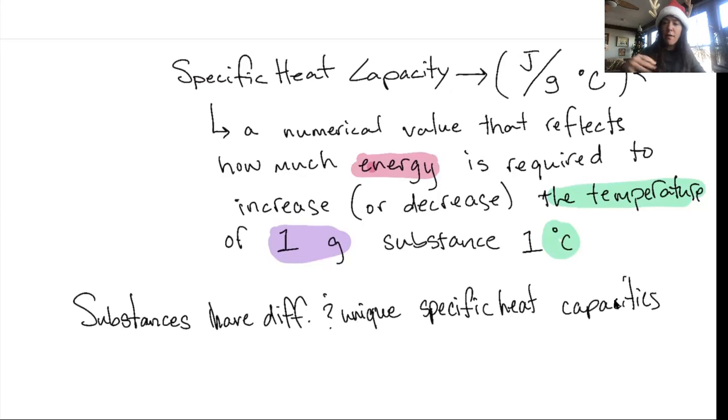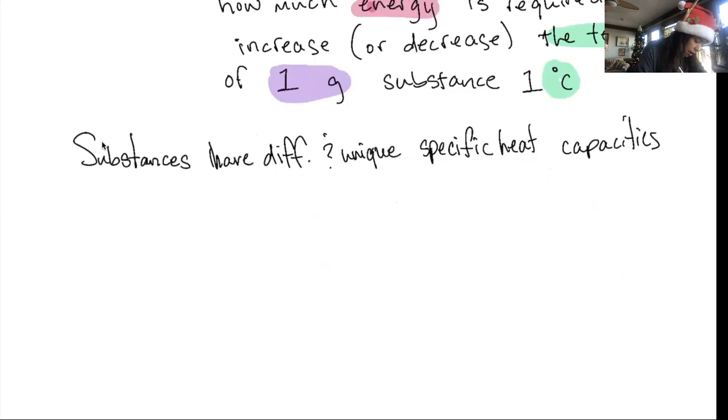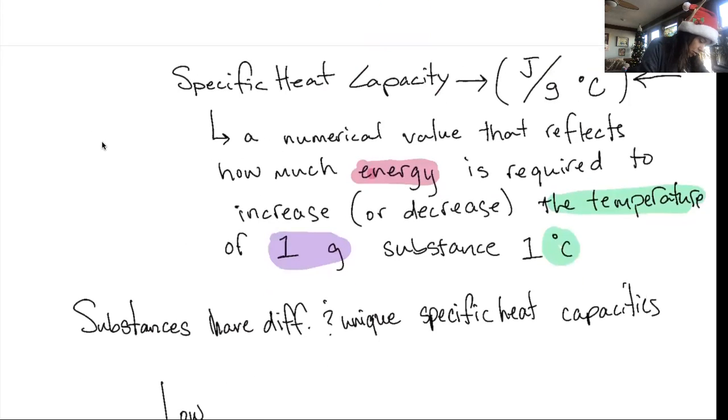Metals tend to have very low specific heat capacities. The symbol for specific heat capacity is a lowercase c, all right?